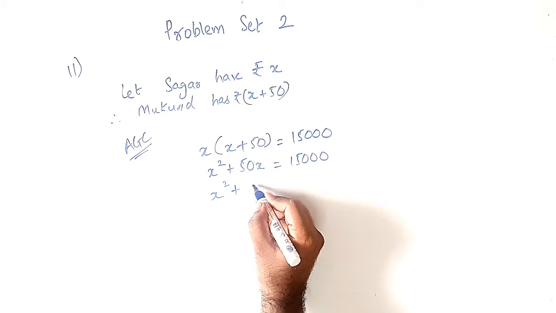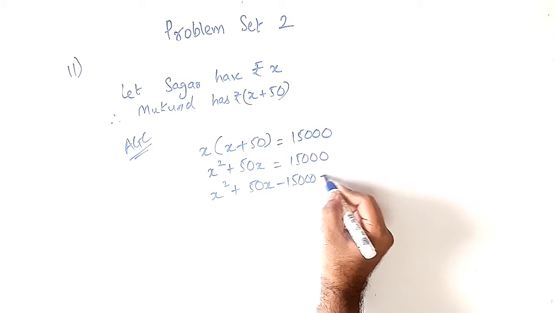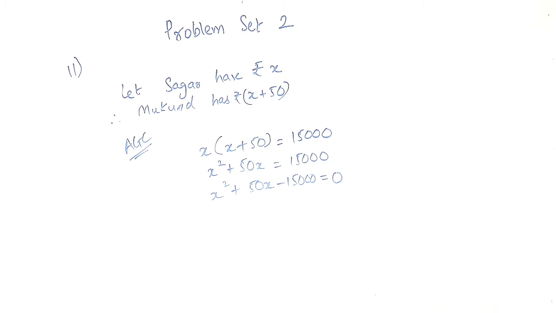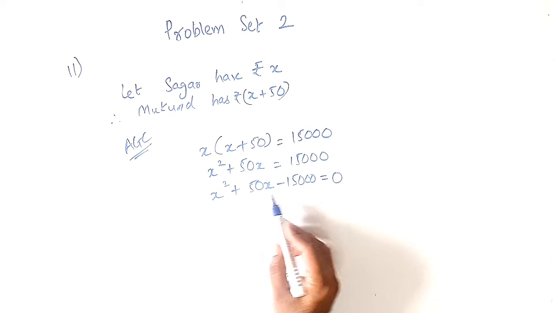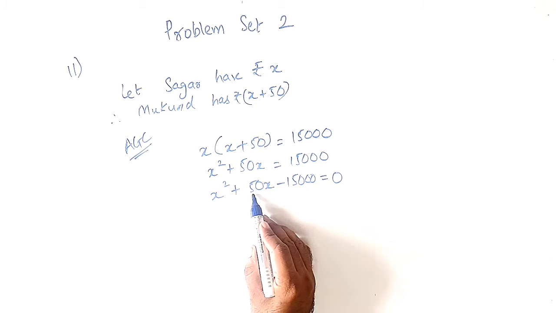Now x square plus 50x minus 15,000 equals 0. Now I want the factors of 15,000 such that the difference is 50.